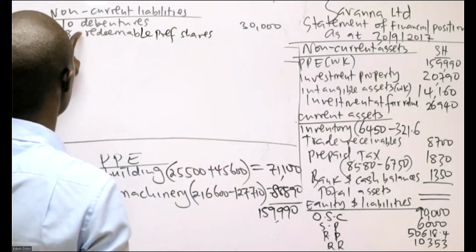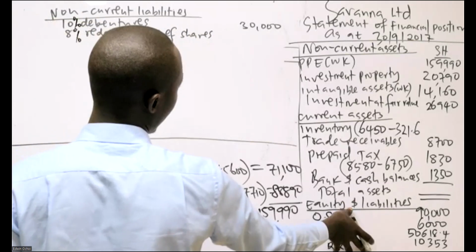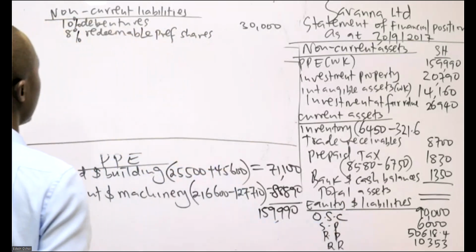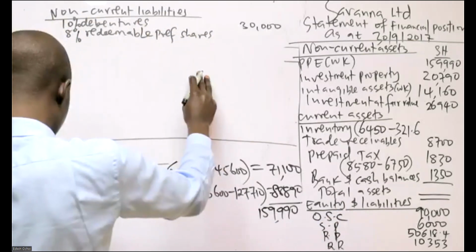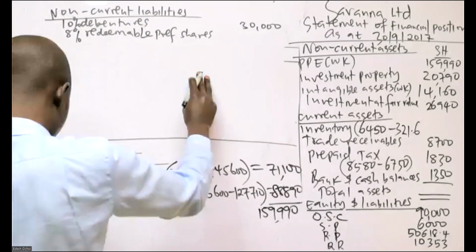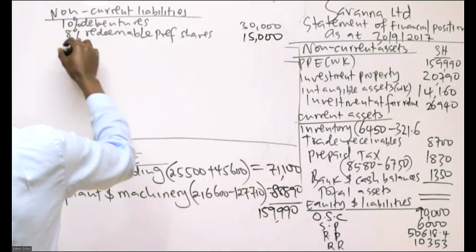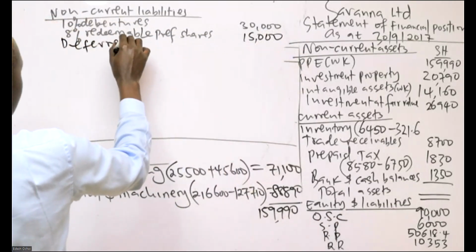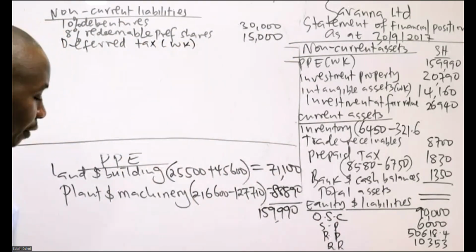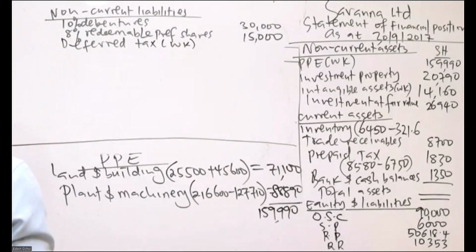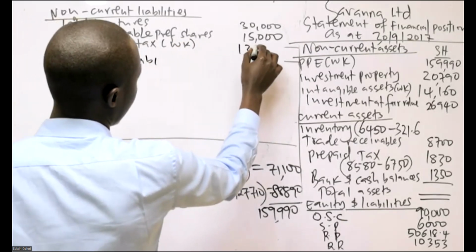If it was irredeemable, it could be appearing under the statement of changes. Now it's redeemable, so it is higher. Redeemable was 15,000. And we have deferred tax. We did our working, we did the T accounts. So from the working, we say the figure, 13,947.